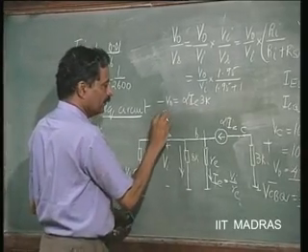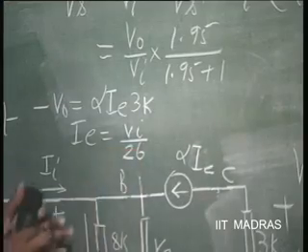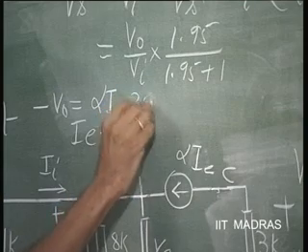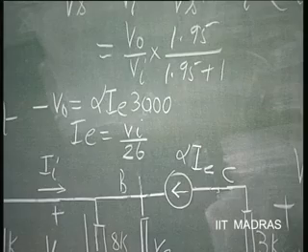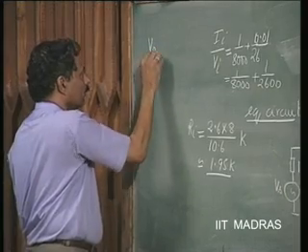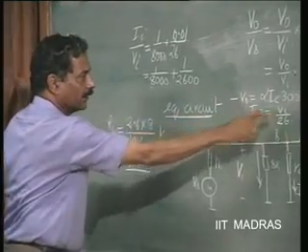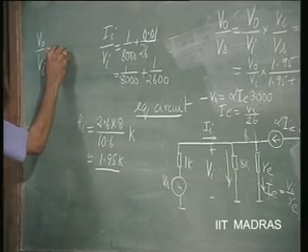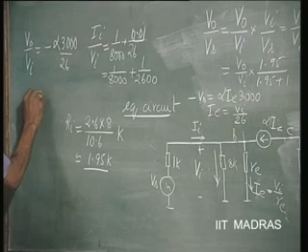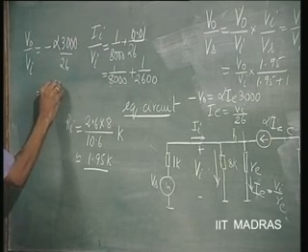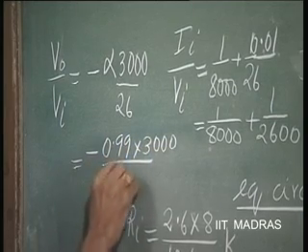So, I e is equal to V I divided by 26. So, this is actually 3k means 3000. So, we get V naught over V I equal to, from that replacing I e by V I by 26, minus alpha 3000 divided by 26, or minus 0.99 into 3000 by 26.